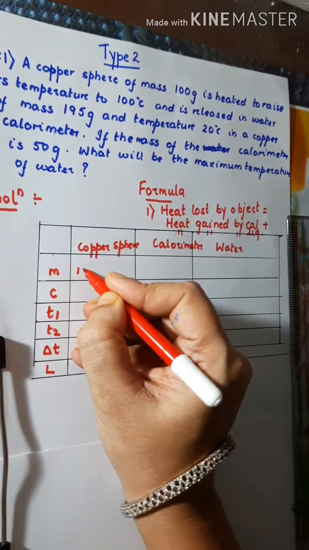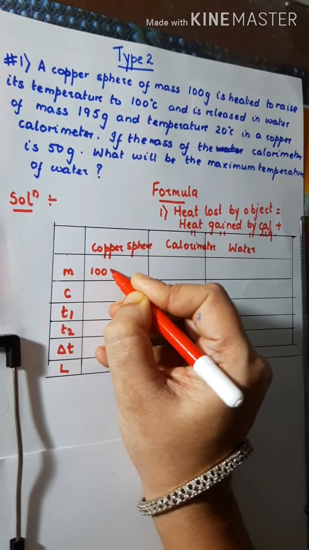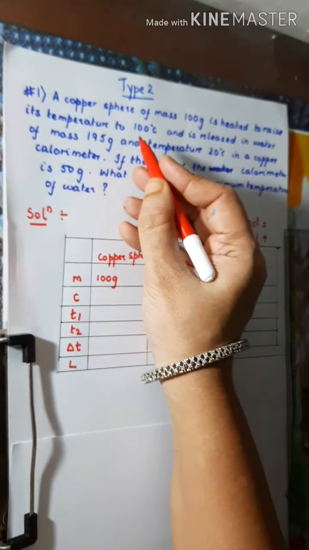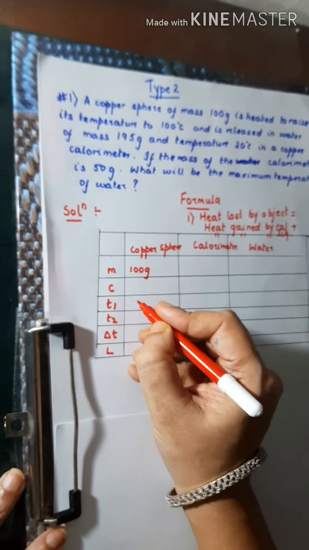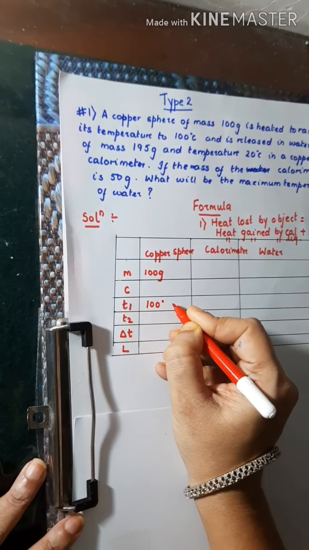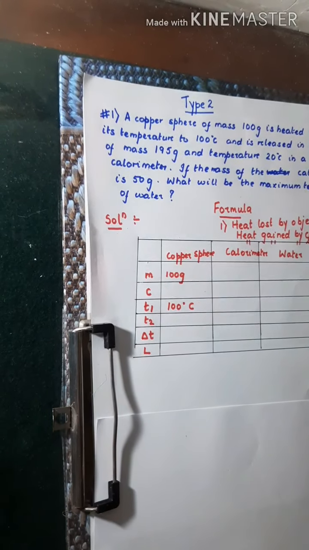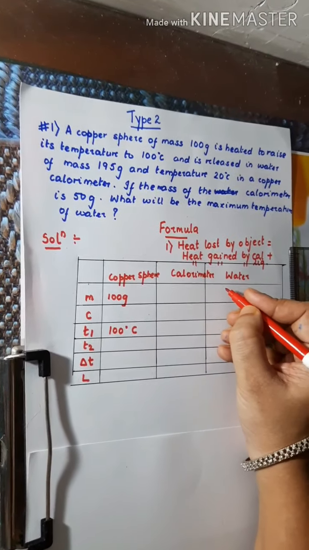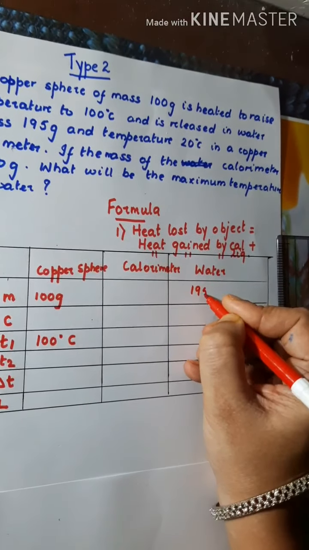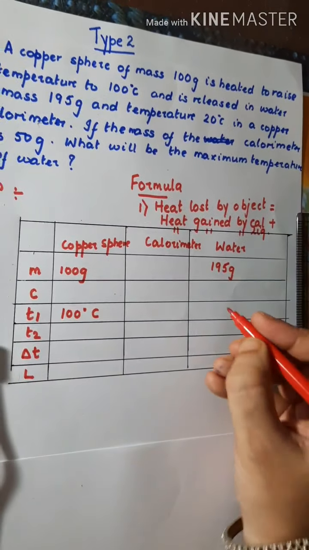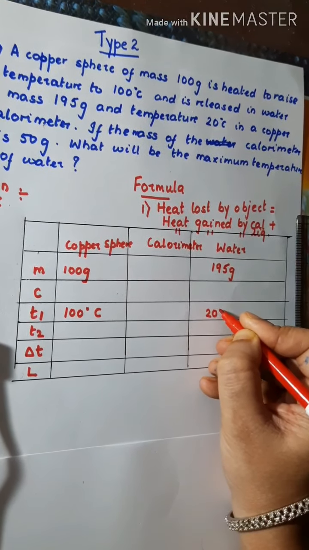So, this is my copper sphere. The mass of the copper sphere is 100 grams. Is heated to raise its temperature to 100 degrees Celsius. So, the initial temperature is 100 degrees Celsius, right? And is released in water of mass 195 gram. The temperature of the water is 20 degrees Celsius.